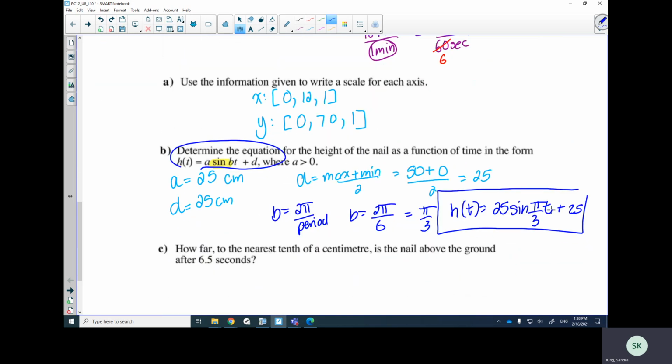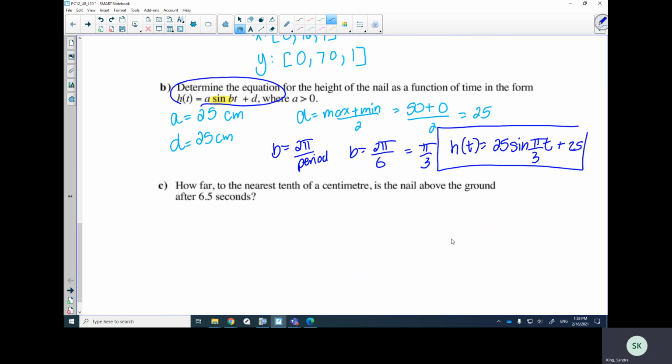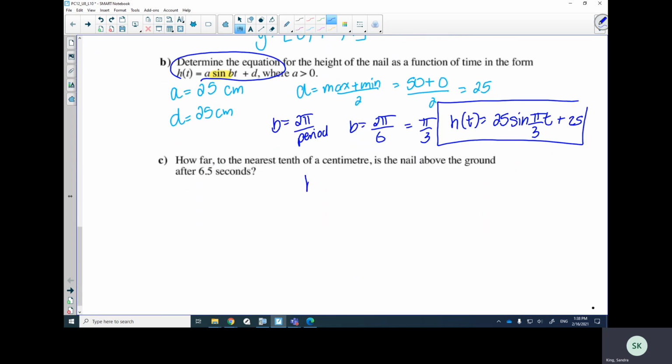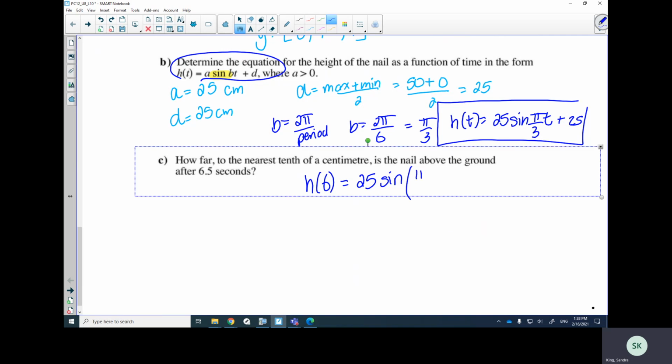If this is my formula, I'm going to take out t and put in 6. So the height of the nail at 6 seconds is 25 sine, the bracket's going to open on your calculator, pi over 3 times 6, plus 25.